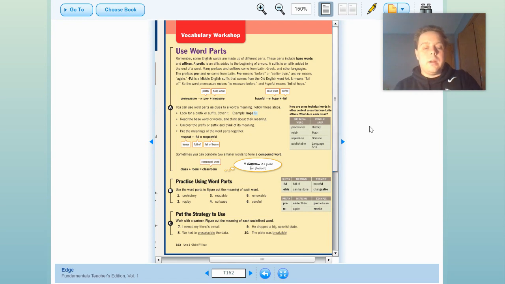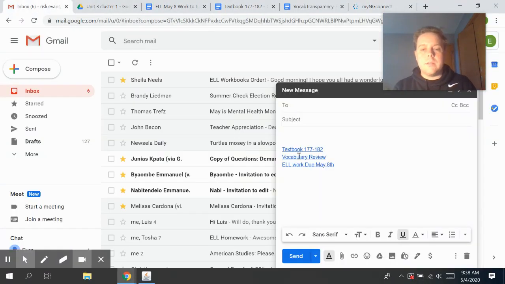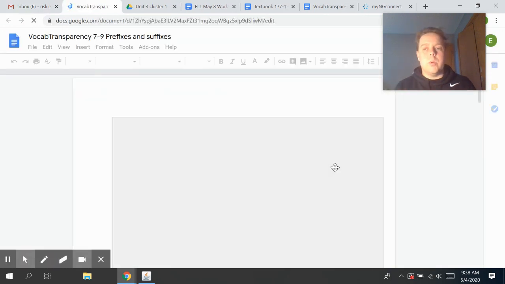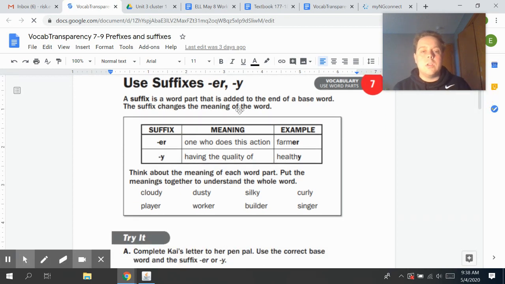All right, I'm going to give you some examples here. Again, this isn't something you're going to turn in, but I just want to go through it because it's something that you should know. So use suffixes er and y. Look at the example right here. Er means someone who does this action, like a farmer.